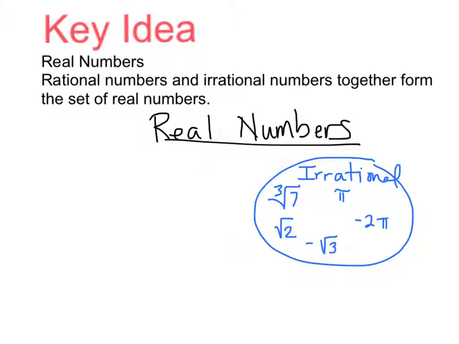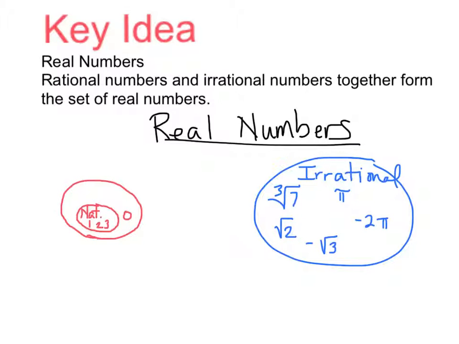Now in this red, we're going to start with a small circle. In this circle, I want you to write natural numbers, or just natural, since I don't have enough room. Natural numbers are like 1, 2, 3, and so on. Then, I'm going to make a bigger circle.